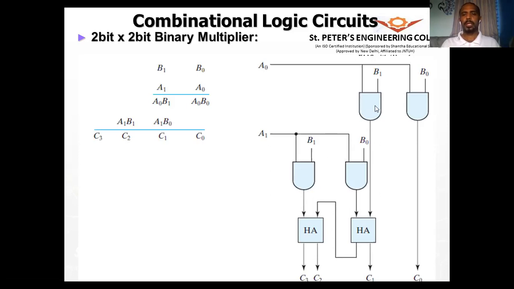In that case, the number of AND gates and the number of adders that I would require will vary, right? Suppose I have j bit by k bit multiplication, or m by n, whatever you want to call it. So I would require m into n. So you say I have 2 into 2 bit, right? 2 bit into 2 bit. So 2 into 2 is 4 bits.